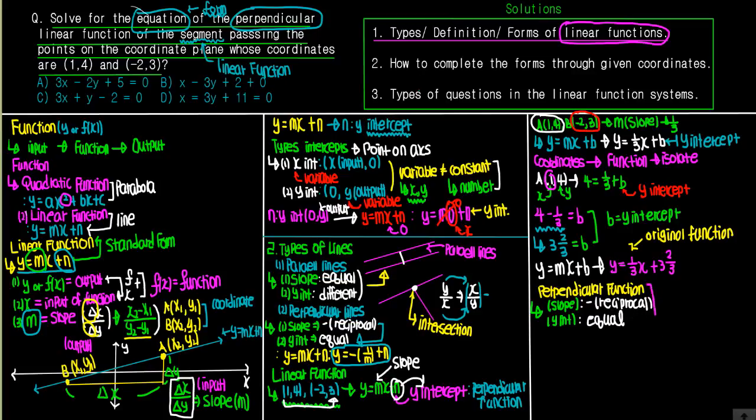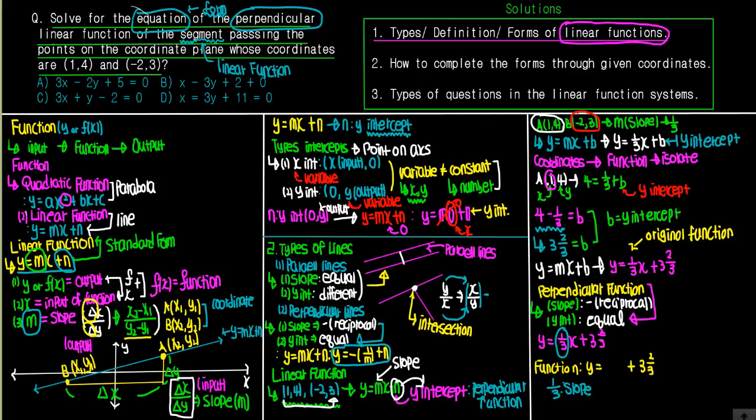In order to solve for it, all you have to do is write our full function down again. Our full function was y is equal to 1/3 x plus 3 and 2/3. And our new function will be y is equal to... the y-intercept will be exactly the same, 3 and 2/3, but the only thing that is different will be our slope, how steep the function is. Our original slope was 1/3.